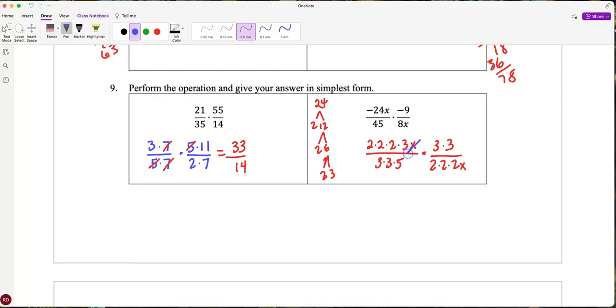So I see the x over x is 1. I see these 3 2's, those 3 2's, these 2 3's, these 2 3's. This answer is 3/5.